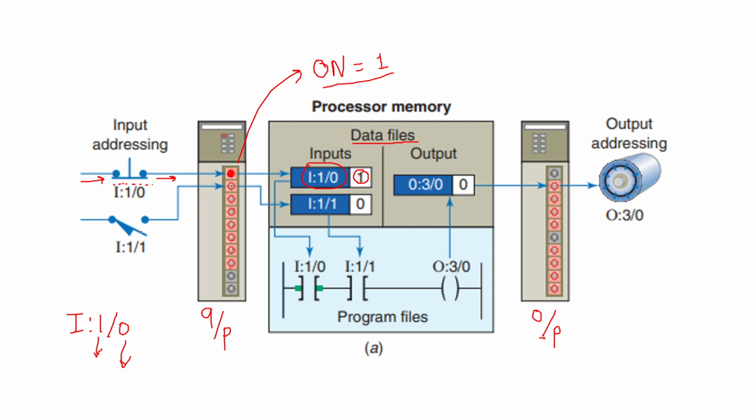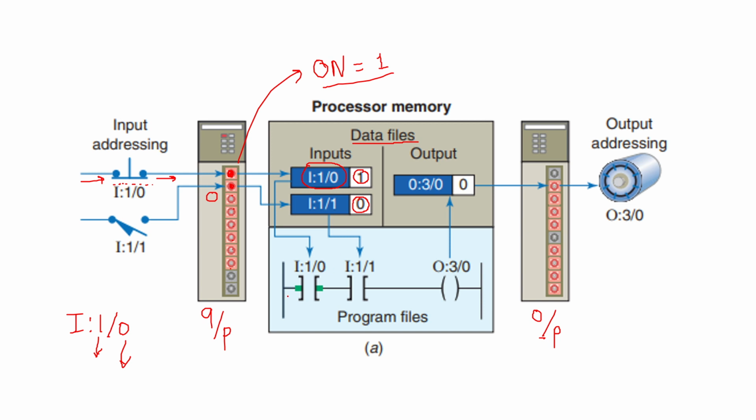And this other switch is open and not passing any supply, so the signal on this point is 0, and it also sends that to the data files. So this is 0.